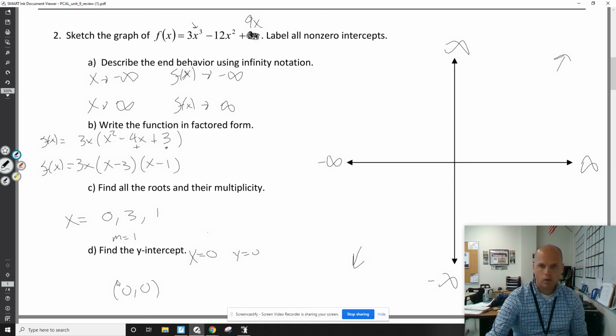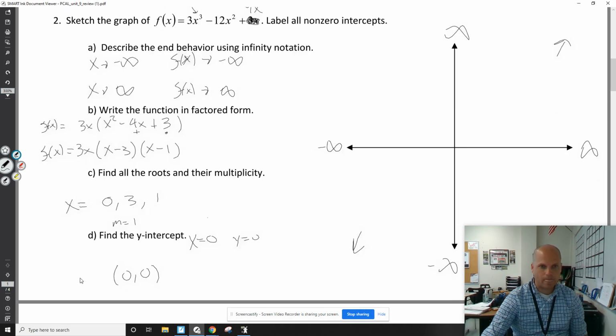But from there, we could sketch. We have the point 0, 0, 1, 0, 3, 0. We know the multiplicities are all 1, which means we have passing through situations for this positive leading coefficient x cubed.